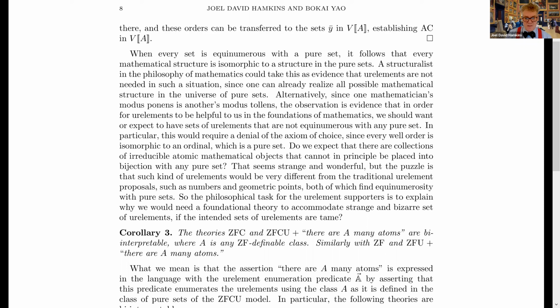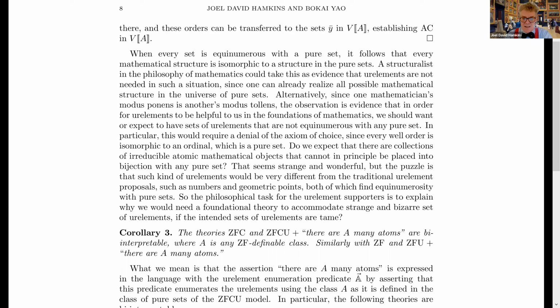If I understand correctly, the interpretation, or the bi-interpretation, depends crucially on having this correspondence between the little a check and the little a bar, that you're essentially saying the atoms are enumerated in terms of pure sets a priori, and then from that you get the isomorphism of everything else.